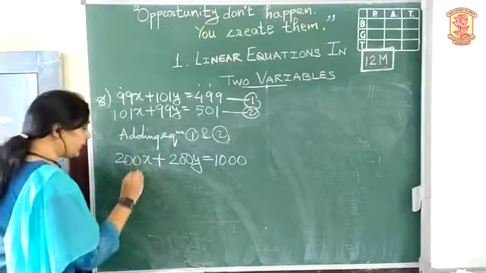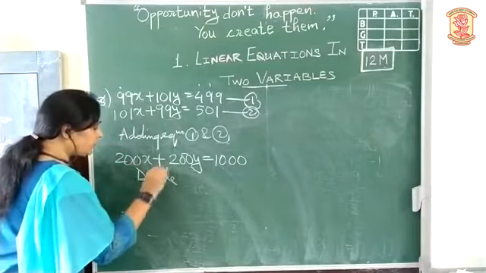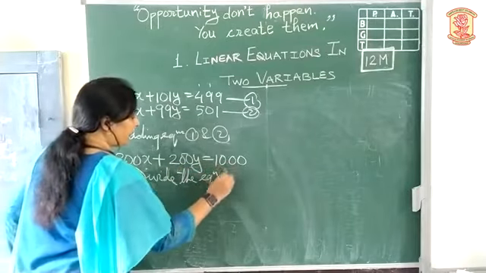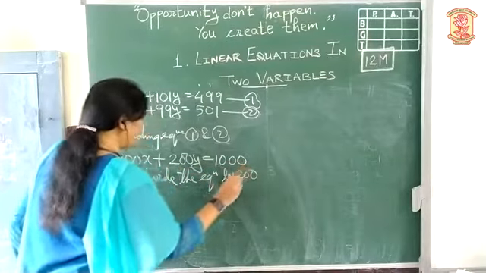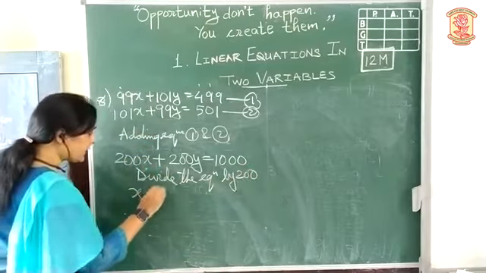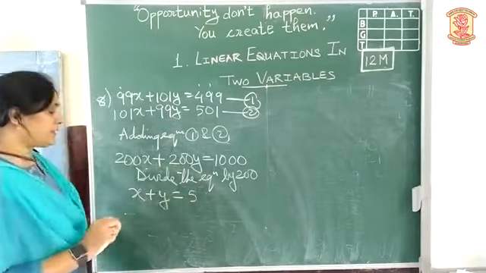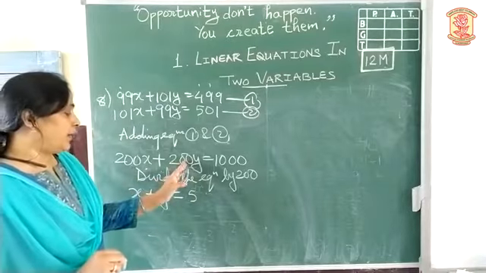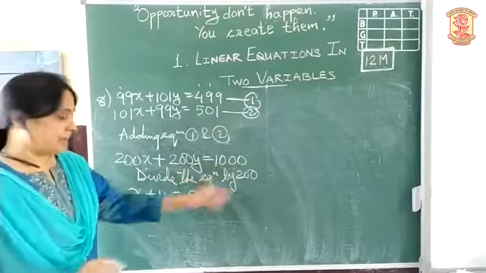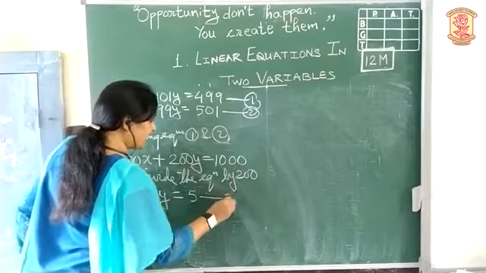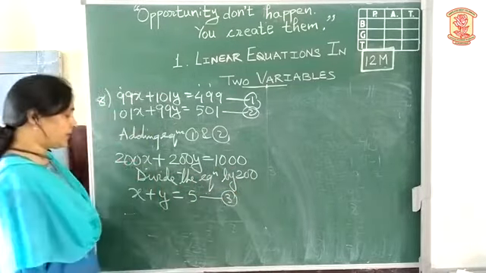To make it simpler, divide the equation by 200. So this becomes x plus y equals 5, because 200 into 5 is 1000. So we get x plus y equals 5. Let this be the third equation.